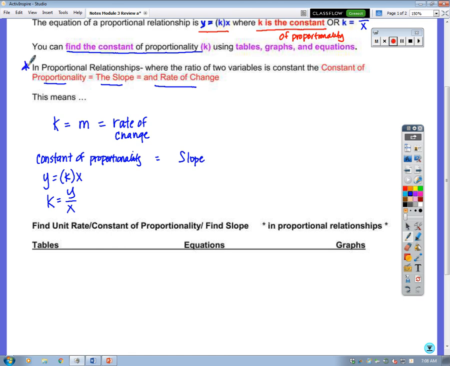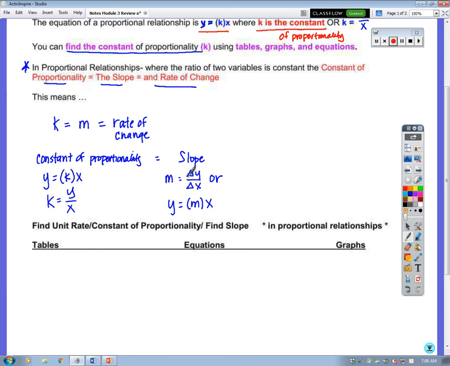That's the key thing here. Slope we write as m, a change in y over change in x, or we write that as y equals m times x. So m and k are in the same spot here. It's y over x to find k, and change in y over change in x to find m. So essentially, these are the same thing.